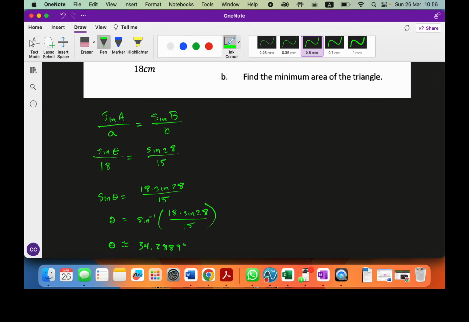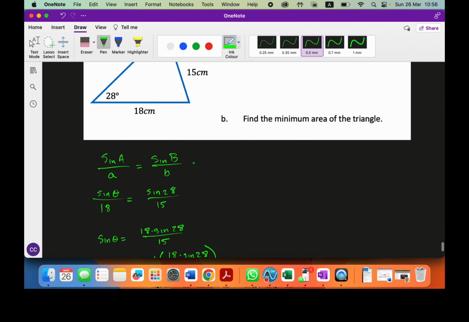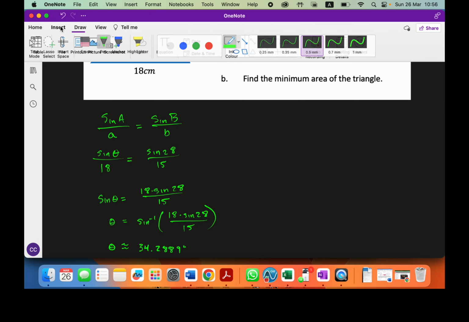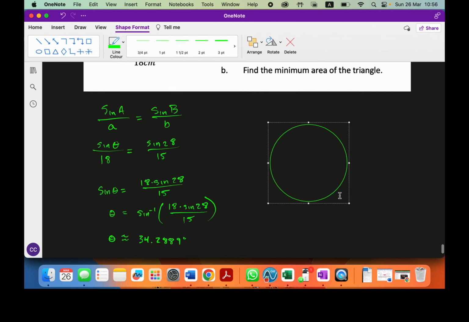But here's where the ambiguous case catches us. So when we look on the unit circle, if I quickly try to get myself a circle in here, and then I give myself some lines.